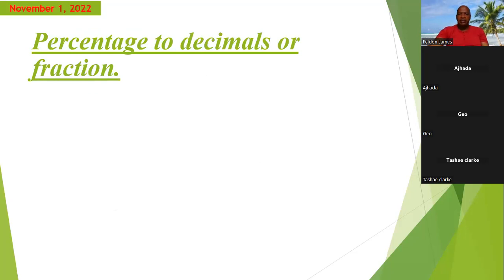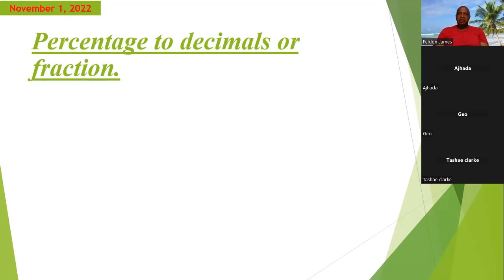As I mentioned, sometimes we need to be able to convert percentage to decimal or fraction. Now we look at how to convert a percentage to decimal. We already know how to convert fractions to decimal.